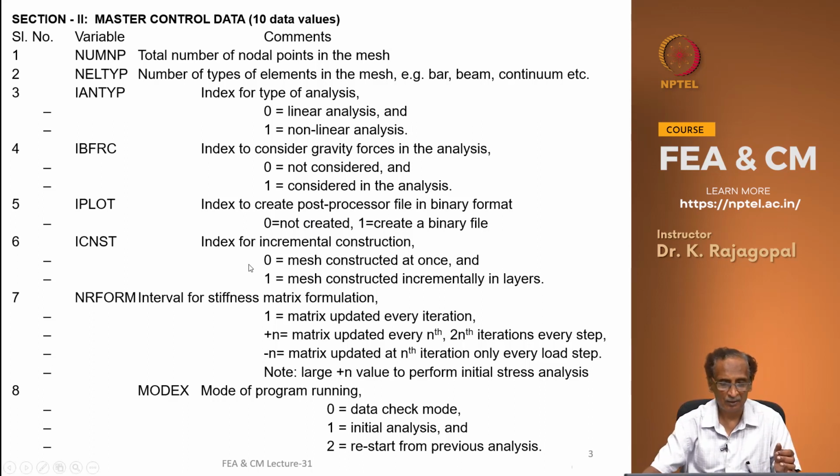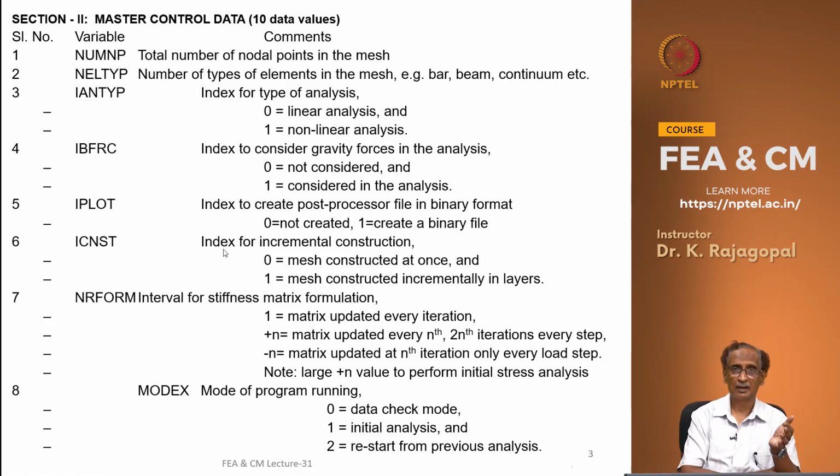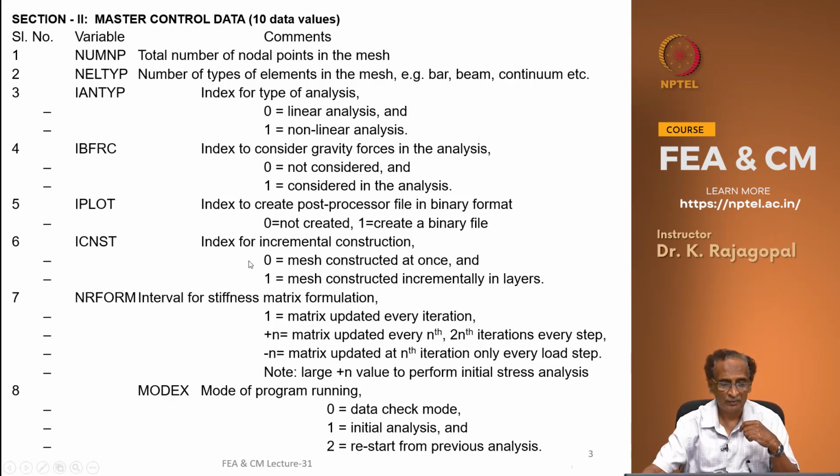ICNST is also a very important parameter that we will see in the next class, a demonstration of how to do the incremental construction and incremental excavation. 0 means the entire mesh is constructed at one stretch, and 1 means the mesh is constructed incrementally, that is to simulate incremental construction.